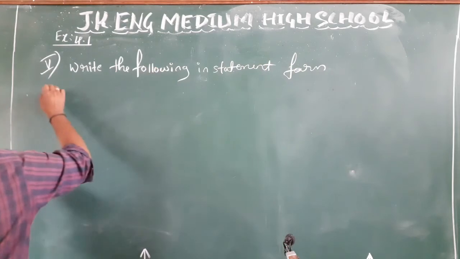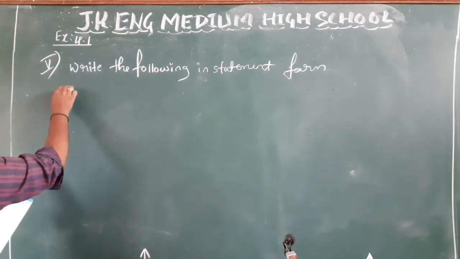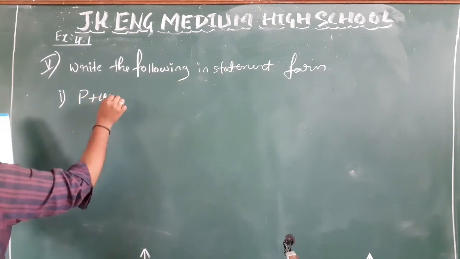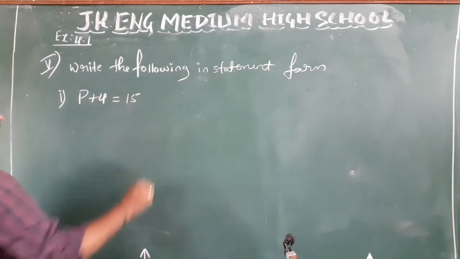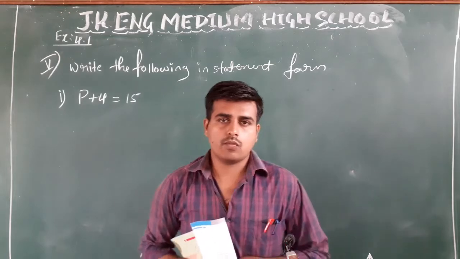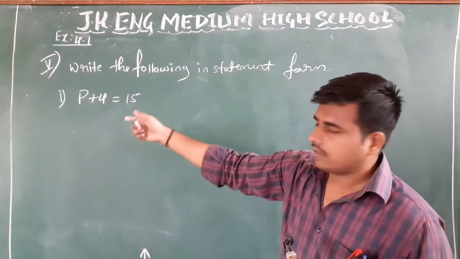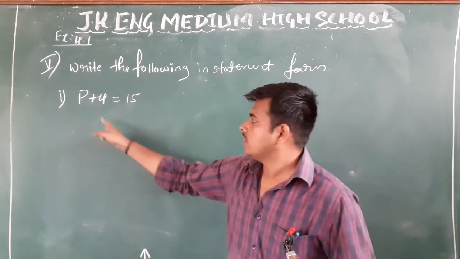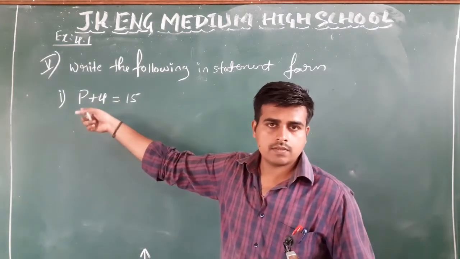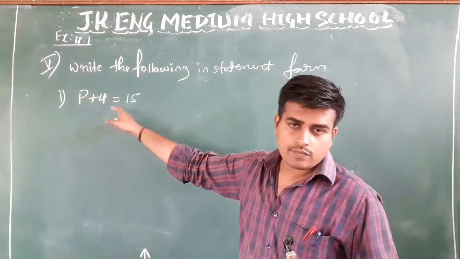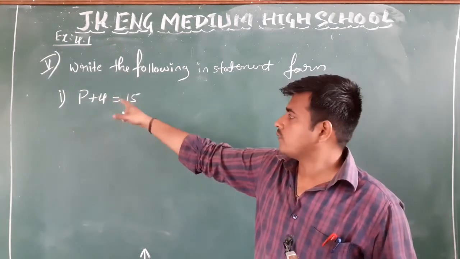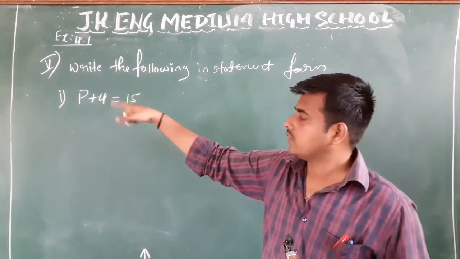First one: p plus 4 equal to 15. How to write it in statement form? Use "add" for plus, and "is" or "gets" for the equality sign.